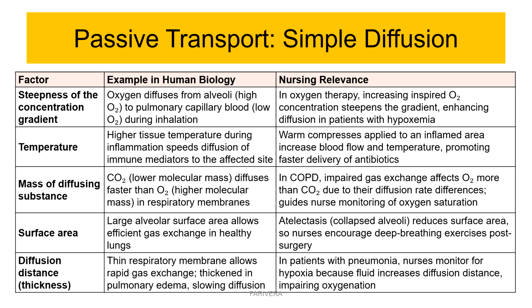This slide is particularly important because it directly connects diffusion to nursing practice, or its nursing relevance. First, consider the concentration gradient. Oxygen moves from the alveoli, where oxygen concentration is relatively high, into pulmonary capillary blood, where it is lower.